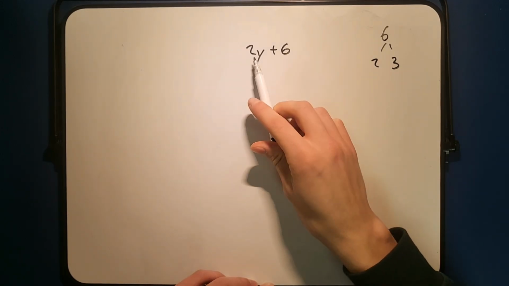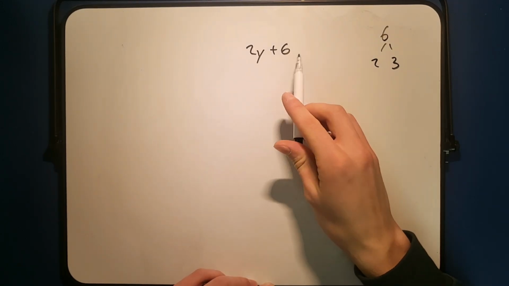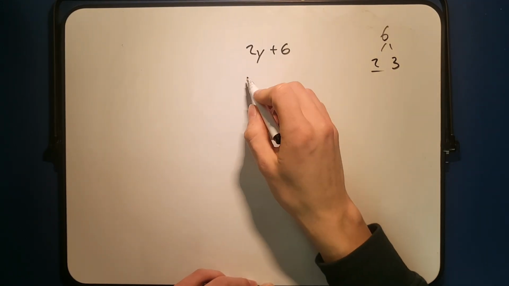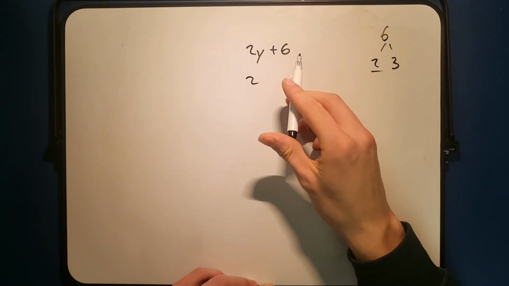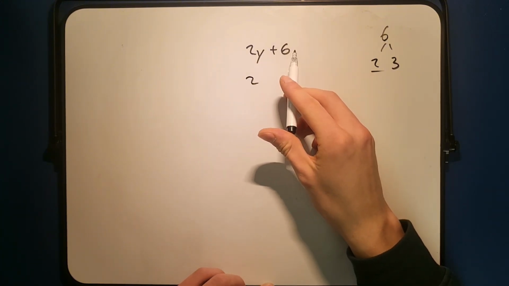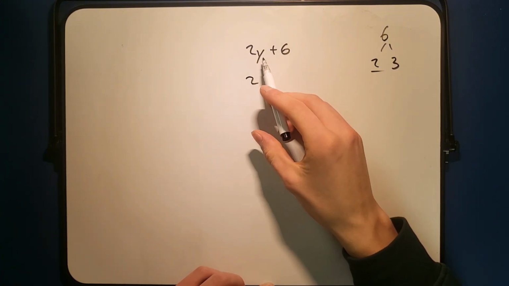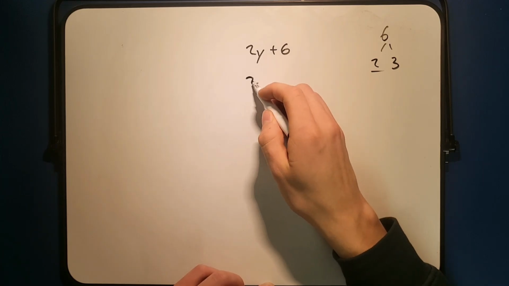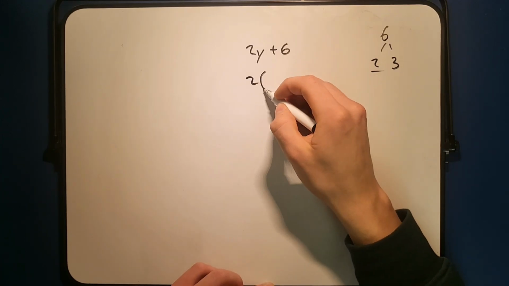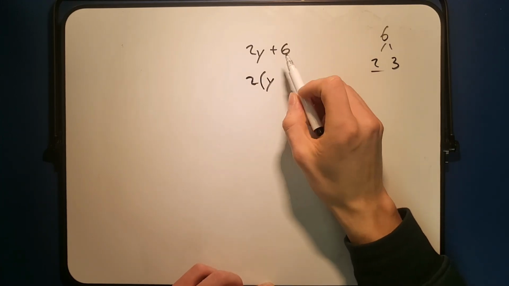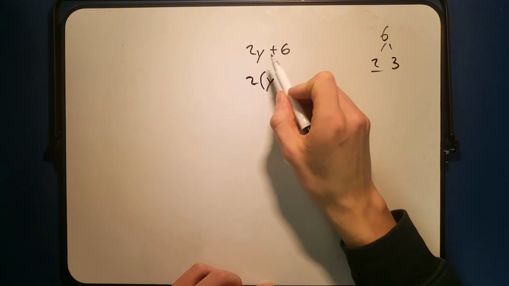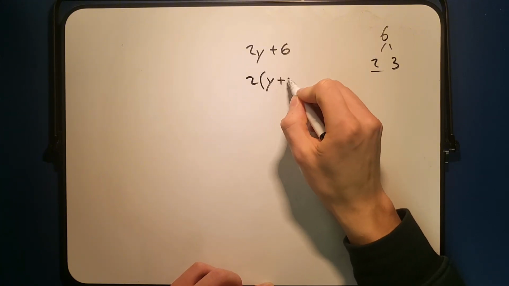So the highest common factor that goes into 2 and 6 would be 2. So we're going to take 2 here. Now, as the 6 does not have a y, we cannot factor out the y as well. So we're going to have 2, and then in a bracket, y, and now we're going to do 6 divided by 2, which is equal to 3, so plus 3.